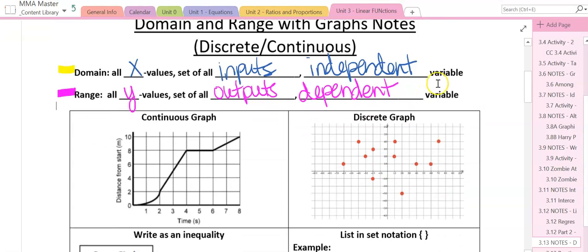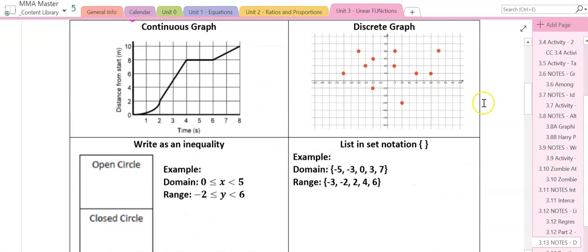So we will go down here and we were going to look at the continuous graph first. I kind of think of a continuous graph over here on the left as one you can draw the whole thing without lifting your pencil. That is the easiest way to describe it. When we're looking at the domain, domain is our x-axis, which is the bottom right here. You look at what this graph is covering.